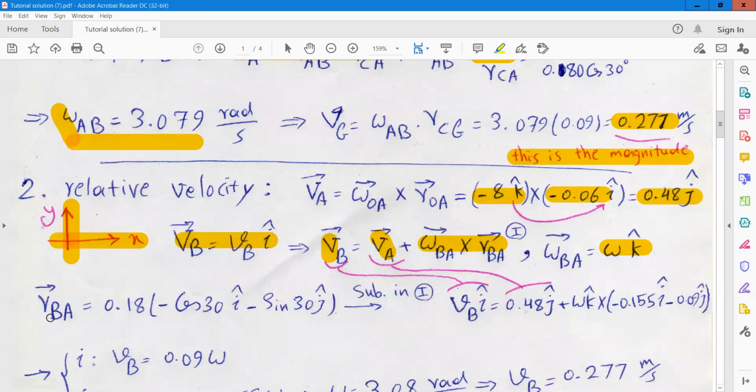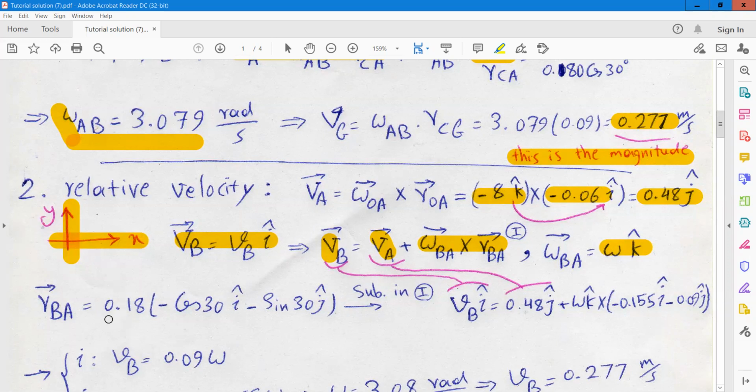And now we can substitute and find the omega. The other point is we need to obtain RBA. RBA is the position vector of point B with respect to point A. It means that you should put this coordinate system on point A and then find the position vector of point B with respect to this new coordinate system.